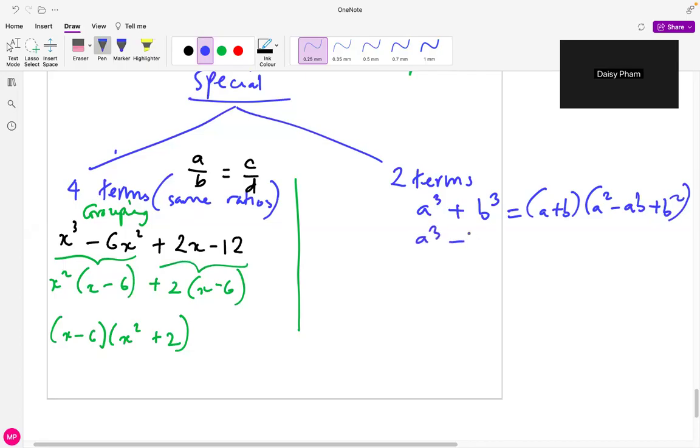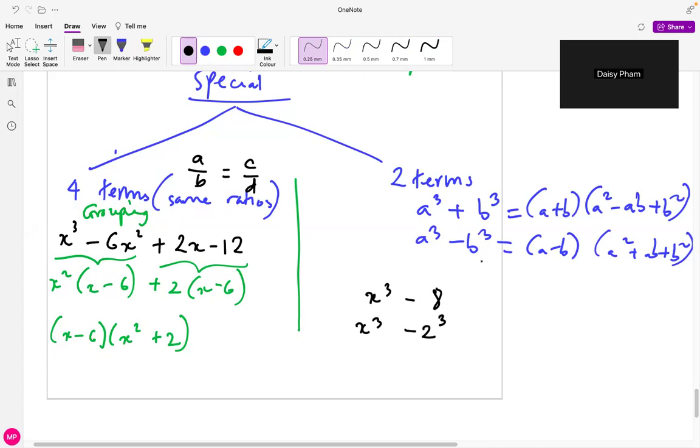And a cubed minus b cubed is a minus b, and a squared plus ab plus b squared. So when you have something like x cubed minus 8, you can make the 8 into 2 cubed. Then you can just use the formula: x minus 2, x squared plus 2x plus 4.